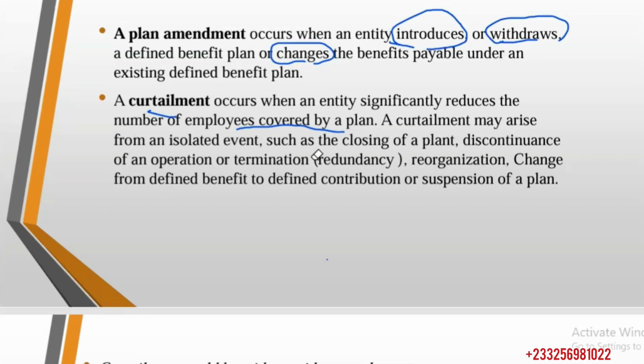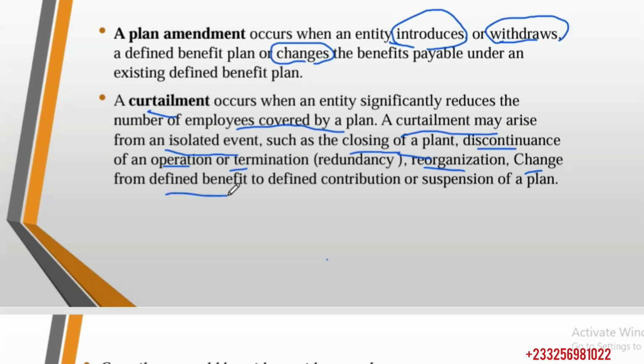That's all. Good. And we said that curtailment may arise from an isolated event, such as closing a plant, discontinuance of an operation or termination, or let's say redundancy, reorganization, change from defined benefit to defined contribution, or suspension of a plan.